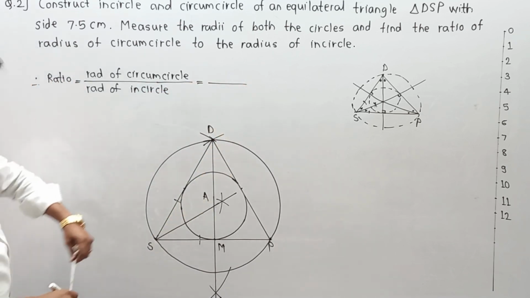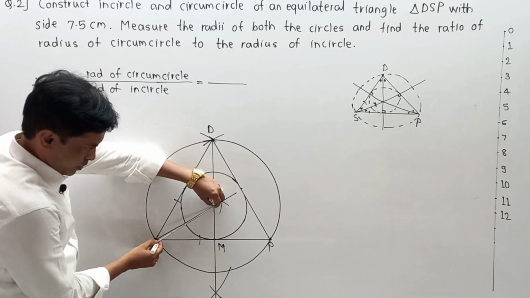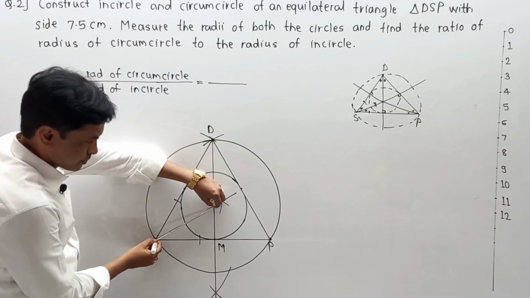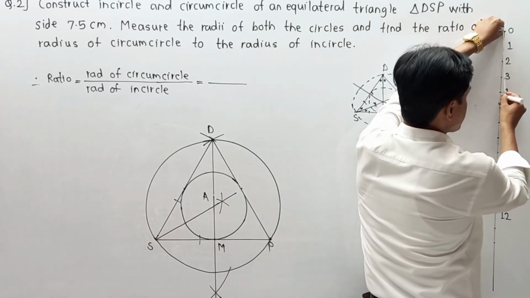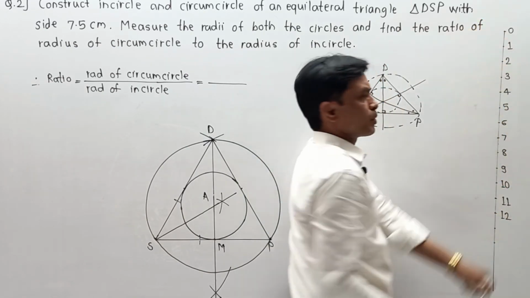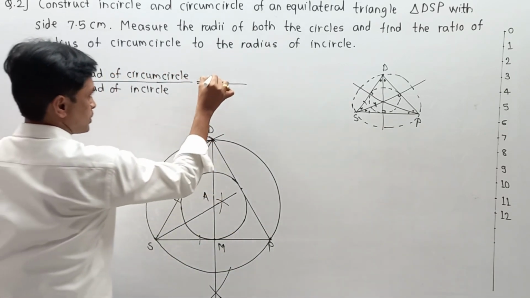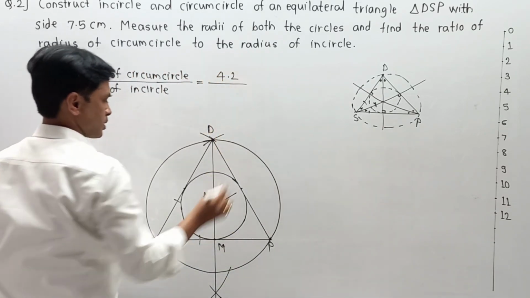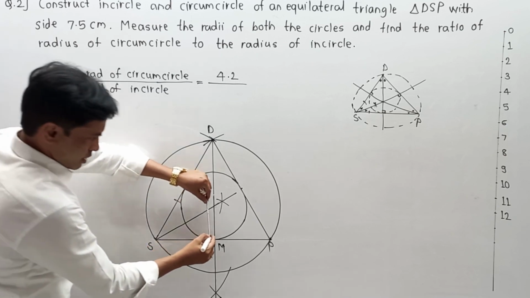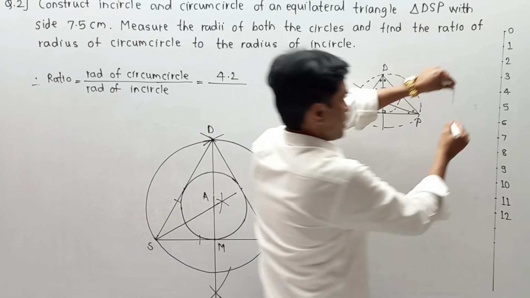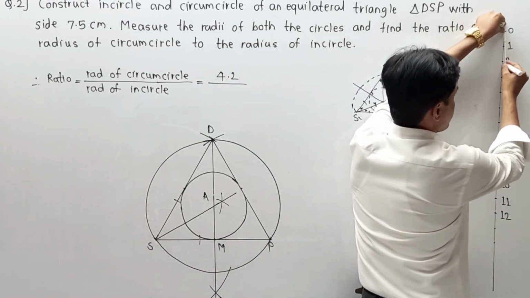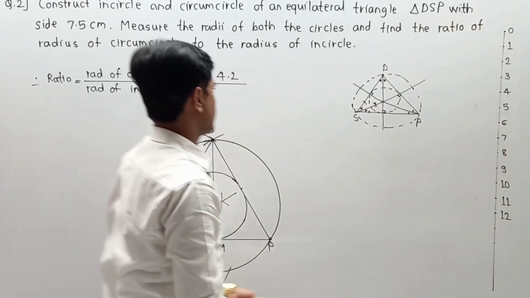Now first of all I am going to take the radius from A to S. So we have to go and measure from A to S. It's roughly 4.2. Now for the incircle, as per measurement it's around 2.1.